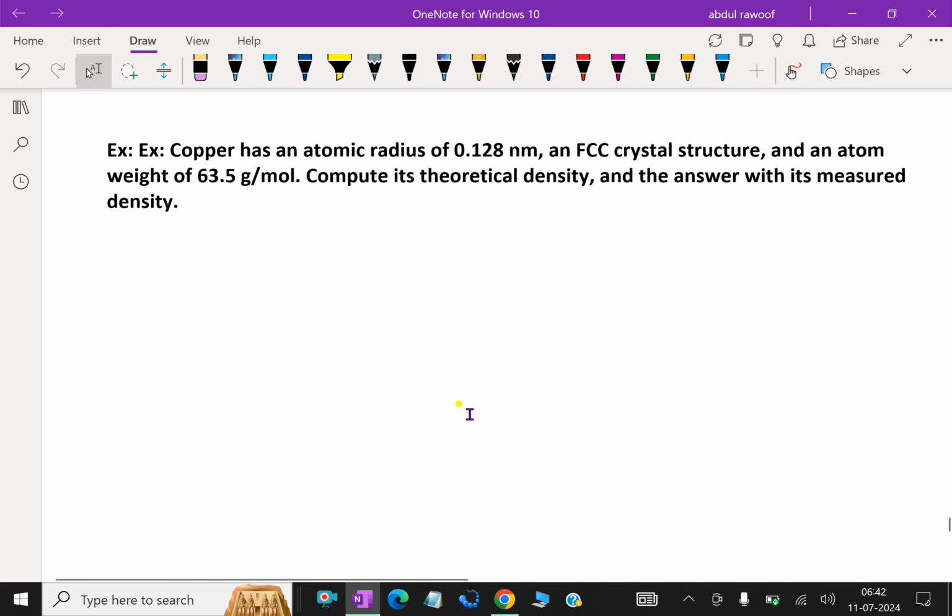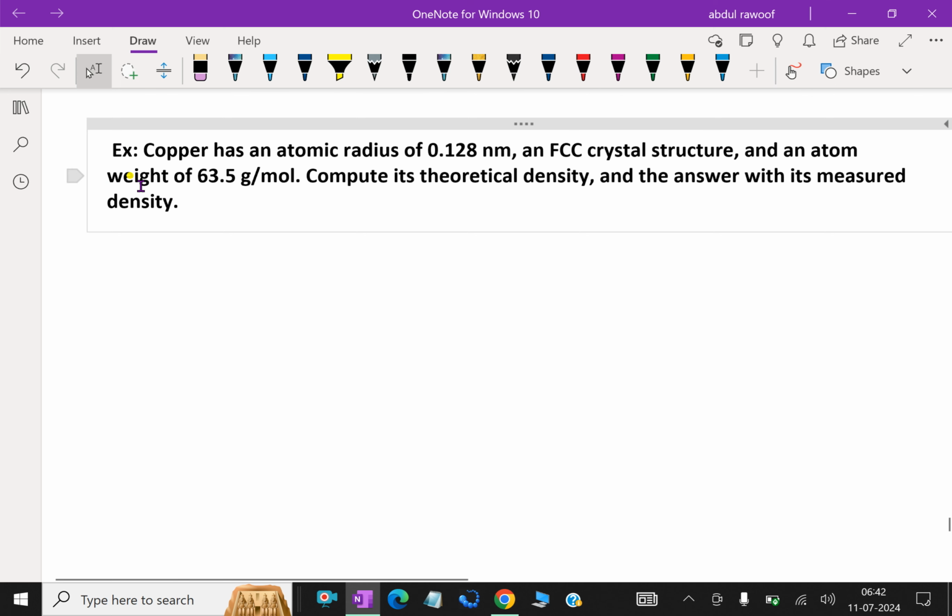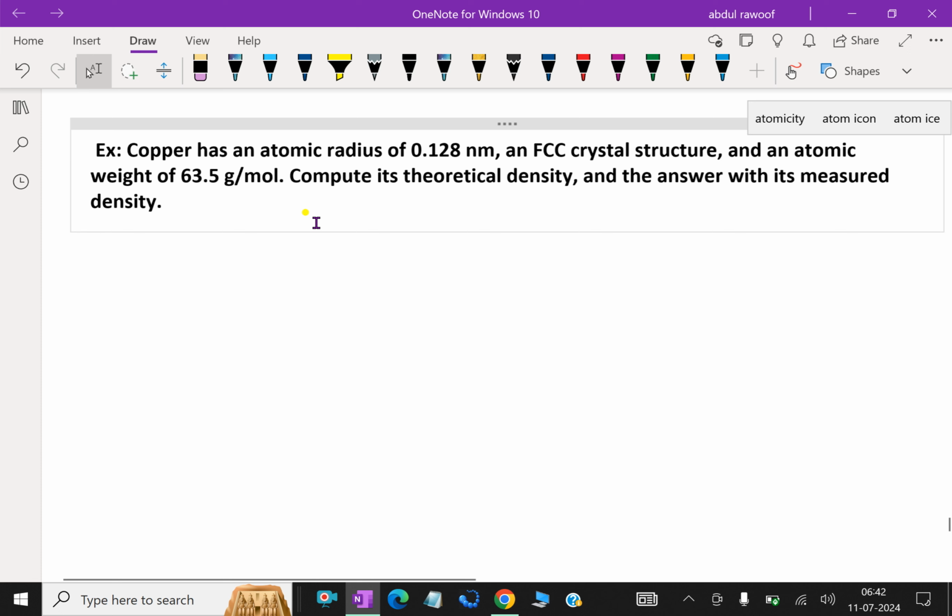Next example, density. Copper has an atomic radius of 0.128 nanometer, an FCC crystal structure, and an atomic weight of 63.5 gram per mole.